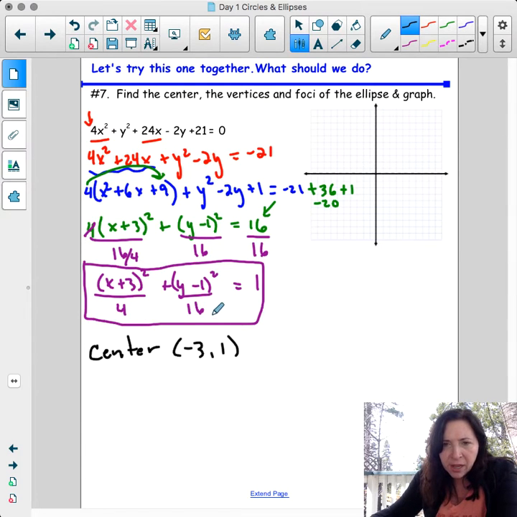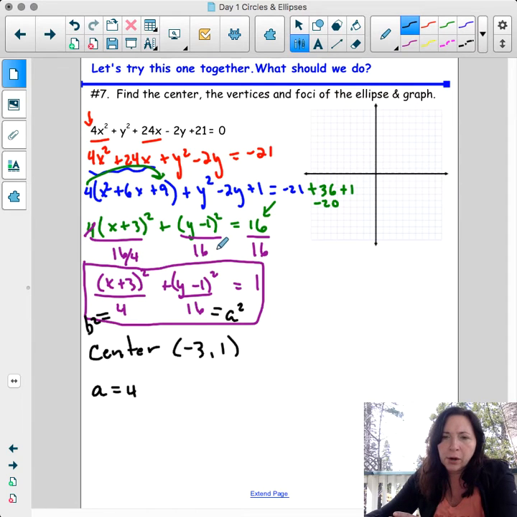This is bigger, so this value is my a squared. This value here is equal to my b squared. So that means that a is equal to 4. So from my center, I'm going to go 4 in the y direction because that is underneath the y term. That means my b term is going to be 2, because b squared equals 4, so b equals 2.